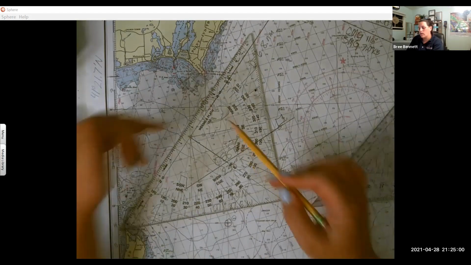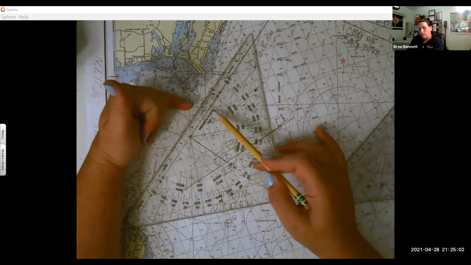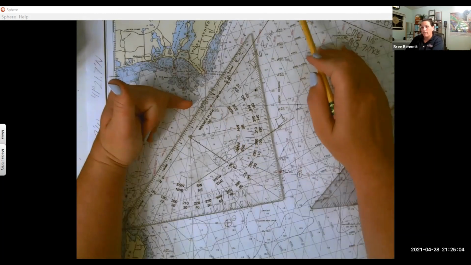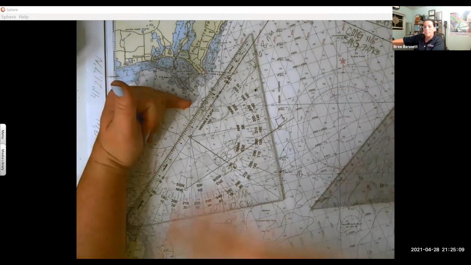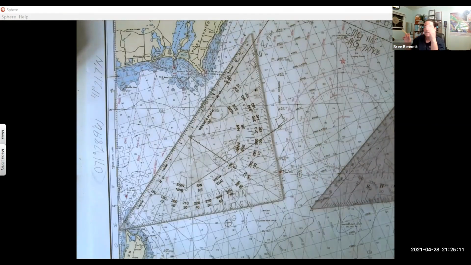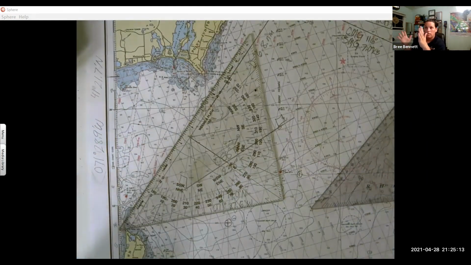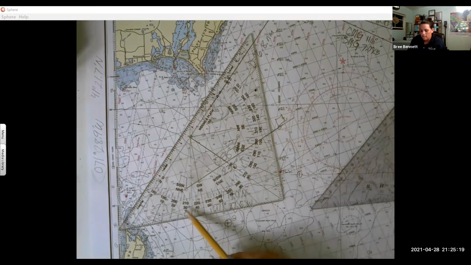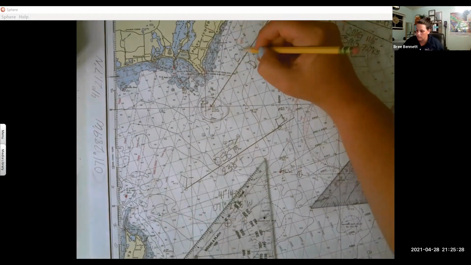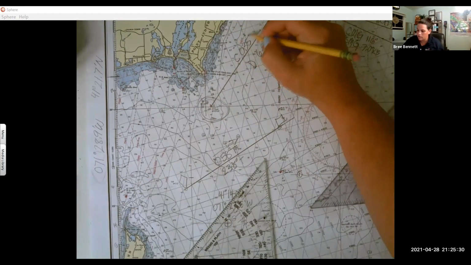Because I know that I'm going from this buoy to Breton Reef, so I'm going in the northeasterly direction. So my number is going to be somewhere between 0 and 90, right? Because that's our range, 0 to 90. So I'm going to follow the 030 to 040 line and call it 035. My course, 035 degrees true.